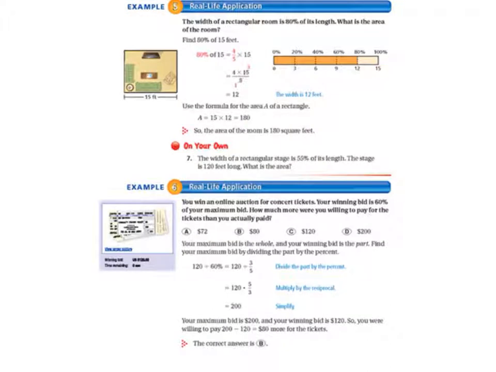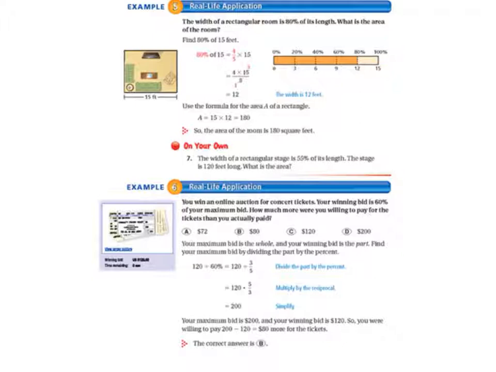Moving on to example 5, we have our real-life application. The width of a rectangular room is 80% of its length. What is the area of the room? So we need to find 80% of 15 feet.